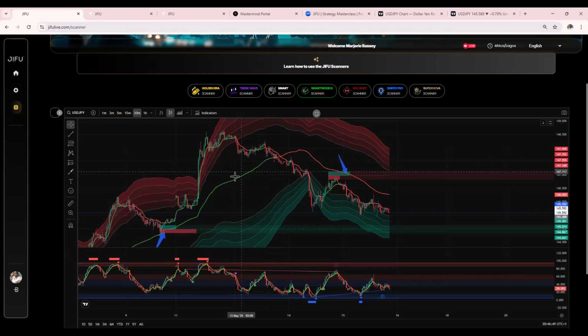Another confirmation is that all the candles are above that EMA, because when the market is going up, the EMA is supporting the movement, so the candles are above this EMA.